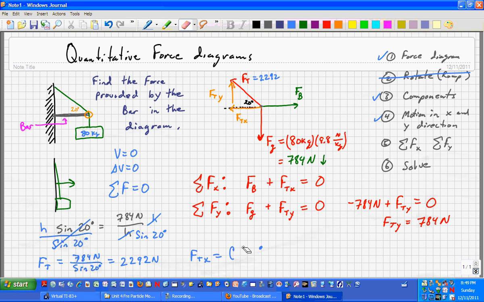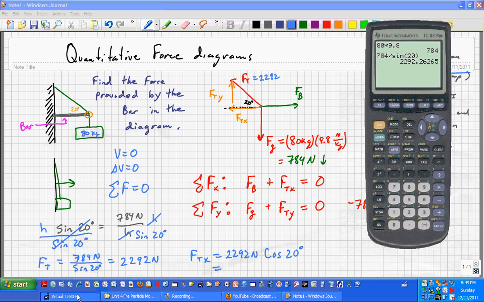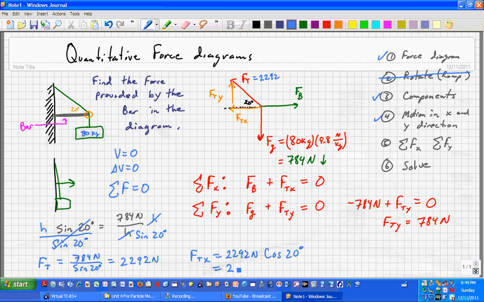It's going to be 2,292 newtons times the cosine of 20 degrees. 2,292 times cosine 20 degrees, and that's 2,154 newtons.